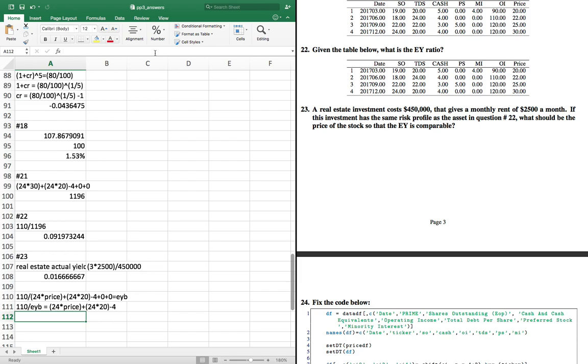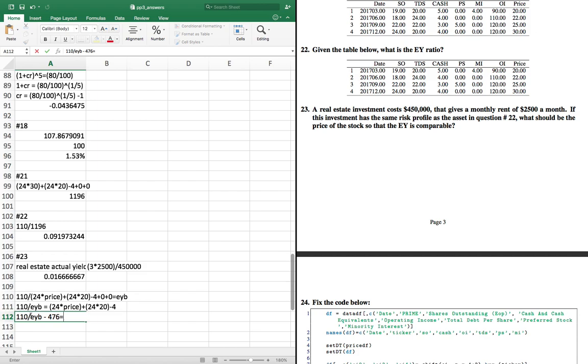All right, cool. So what's the next step? We can do a little bit of math here to make it easier. 24 times 20 is 480. 480 minus 4 is 476. So let's move that over. This now becomes 110 divided by EYB minus, again, 480 minus 4 becomes 476.